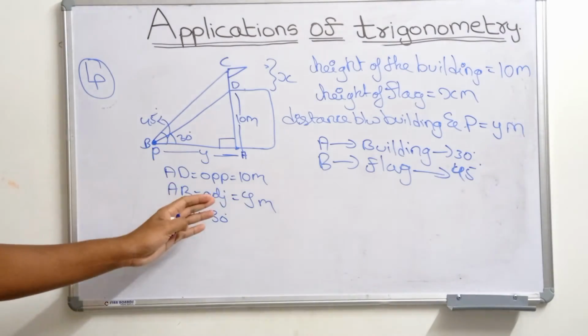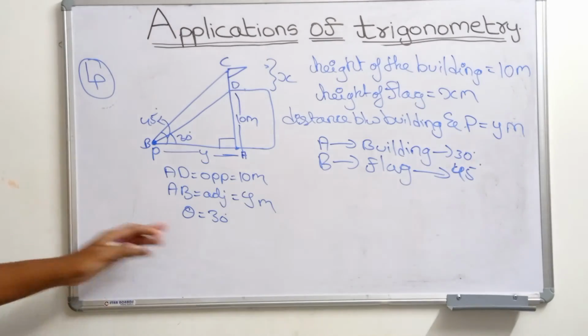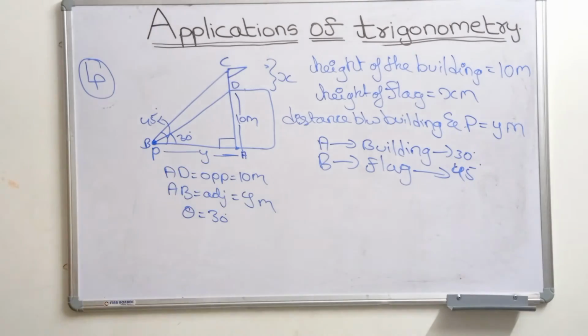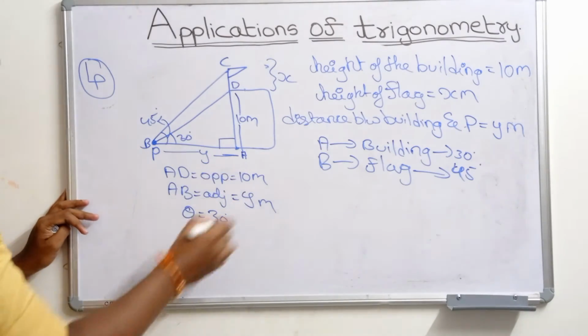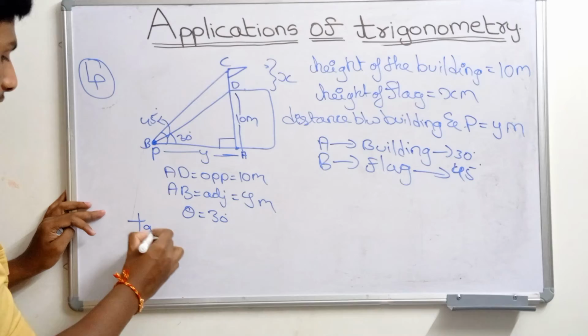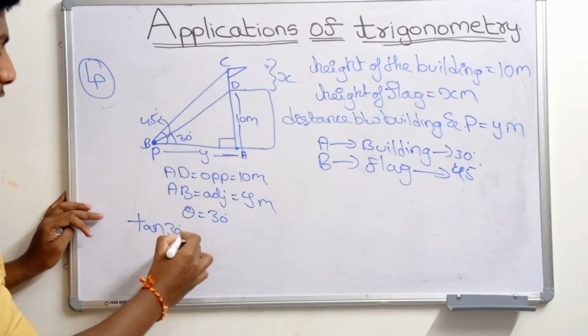So opposite and adjacent are given with the angle of 30 degrees, that means we go with tan 30. I am not writing the formula, guys, I am directly substituting it.